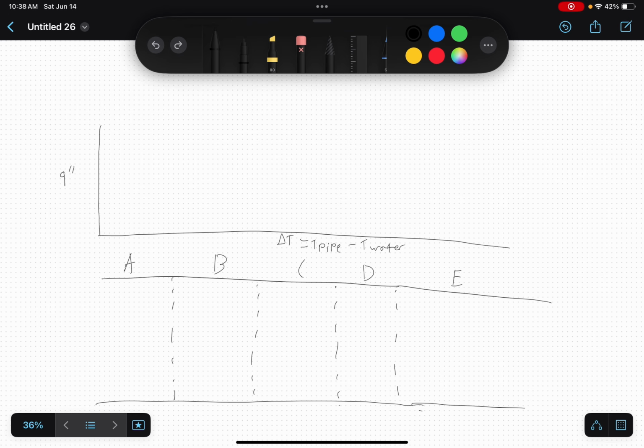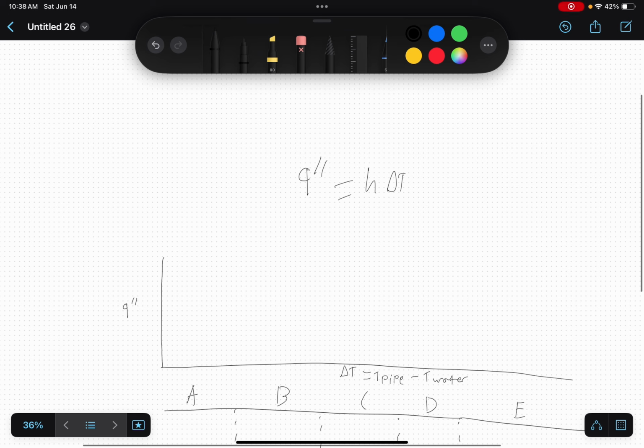Now you're probably thinking, as delta T goes up, heat flux should increase, because in heat transfer you learn that for conduction and convection, heat flux is H delta T for convection, or K over L delta T for conduction.